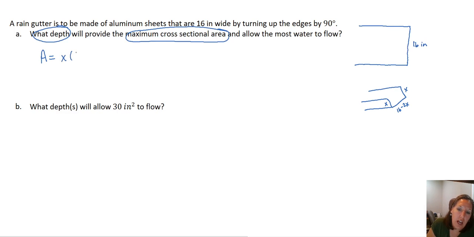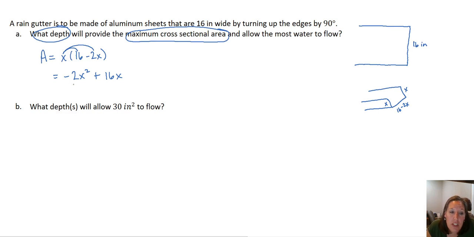So x times 16 minus 2x. So x times negative 2x is going to give us negative 2x squared, and x times 16 is going to be 16x. That is our area. That is a parabola that, since that leading coefficient is negative, it will have a maximum.